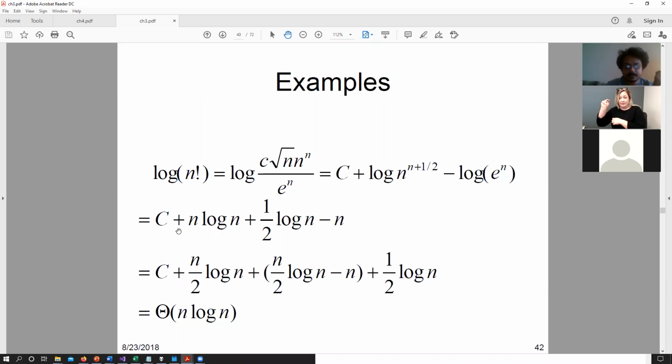Now we can rewrite this as c plus n log n, because it is n plus half. So it's essentially n plus half times log n, that we can again simplify into n log n plus half log n, minus log e to the power of n.